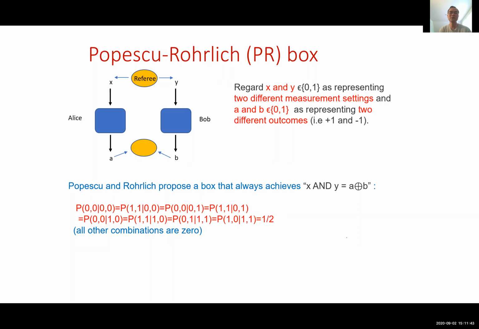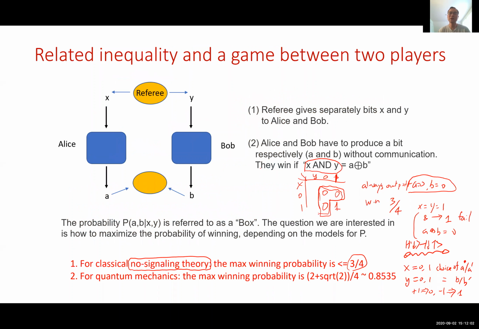But two people, Popescu and Rohrlich, proposed a box, meaning they proposed a distribution or strategy to win this. Note that they cannot communicate, right? Even for quantum mechanics, there's no communication between Alice and Bob. They only infer what they should do by the measurement.